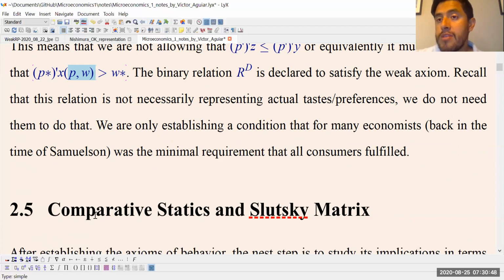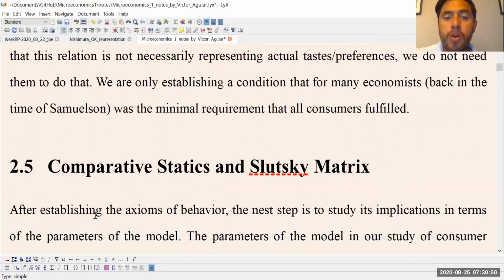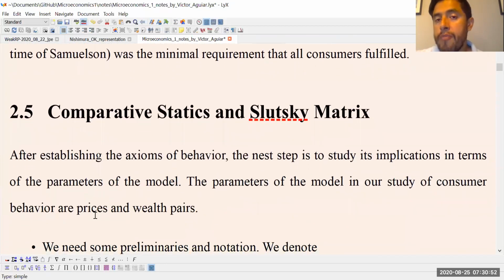As we progress, I'm going to introduce the notion of comparative statics. So this is the behavior of demand elasticities, roughly, so how derivatives of demand change. And we're going to introduce an object called the Slutsky matrix, which is an important object that captures a lot of information about the derivatives of the demand function.